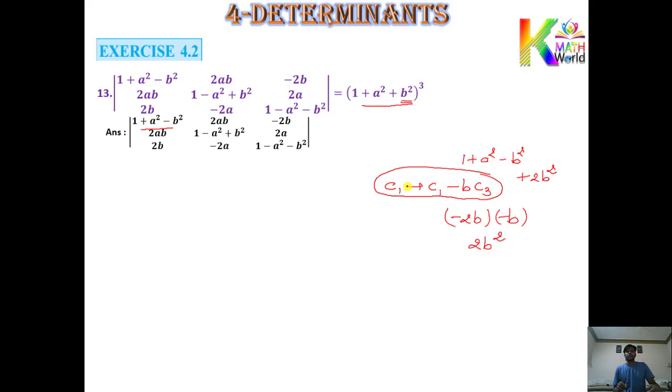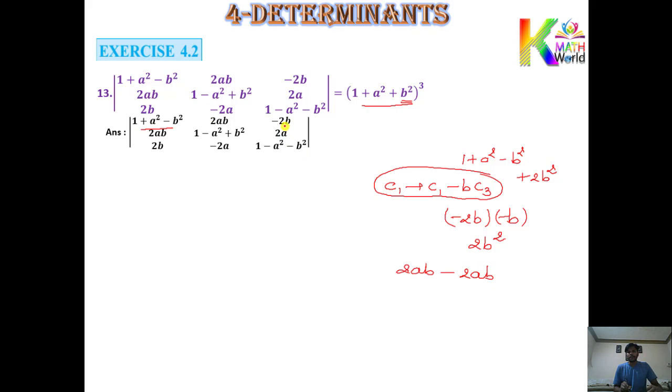And at the same time, wherever possible, you can set 0 also. If you see it properly, here 2ab is there. How can you make this 0? If minus 2ab is added, then you get 0.